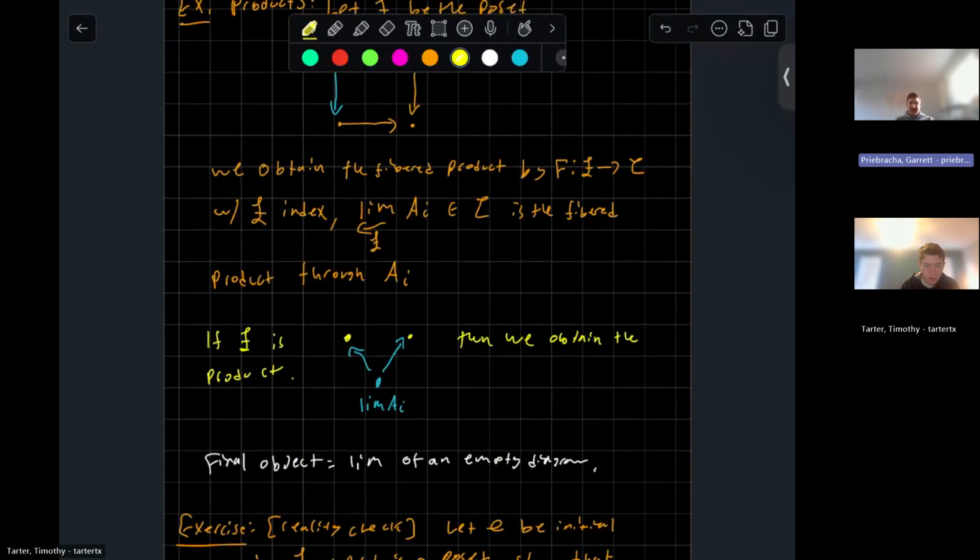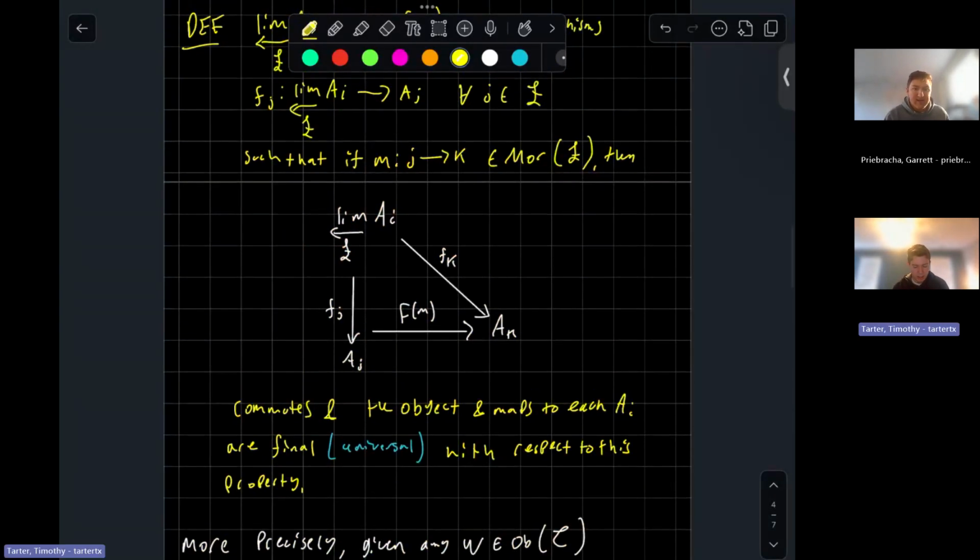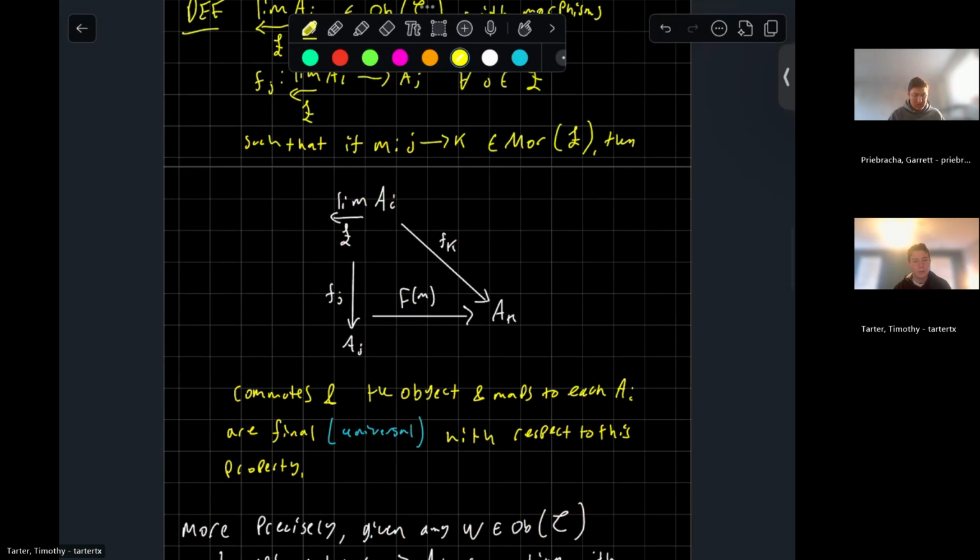Is that an I into A_I? If you go up, it's right there. Yeah, the J's are I's. You could fix I in the indexing set and get the morphism from lim A_I into A_I.